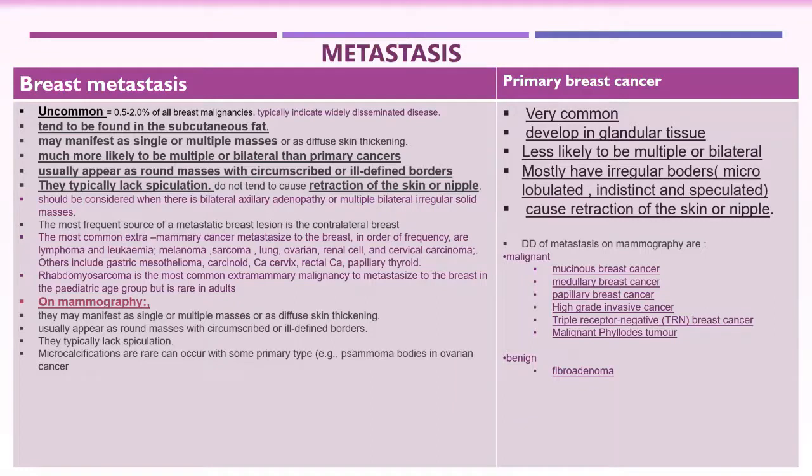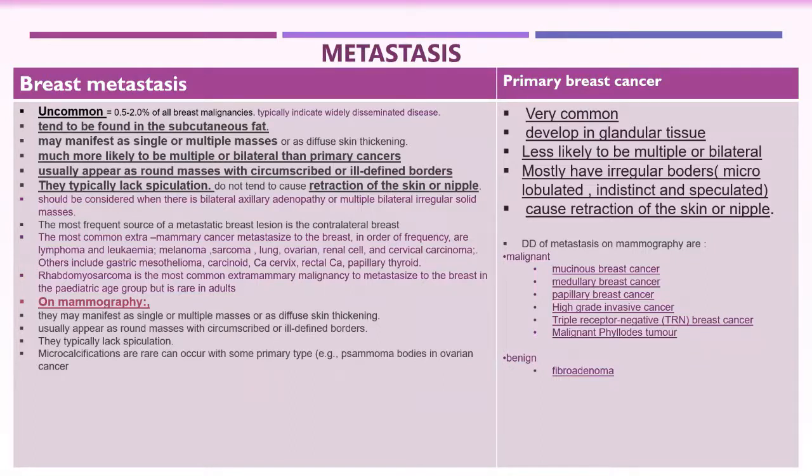Metastasis usually manifests as multiple lesions but can be solitary, while the primary is usually solitary but can be multiple. Metastasis is much more likely to be multiple and bilateral than the primary.